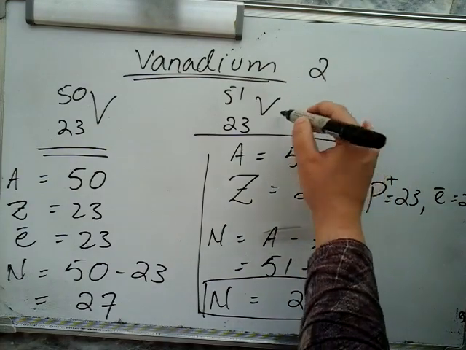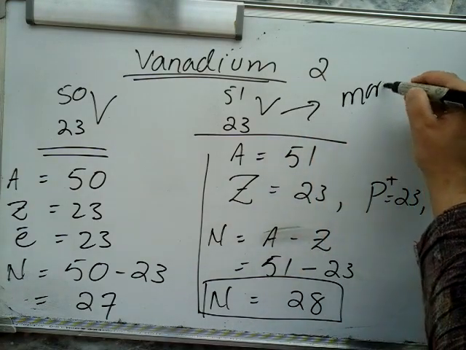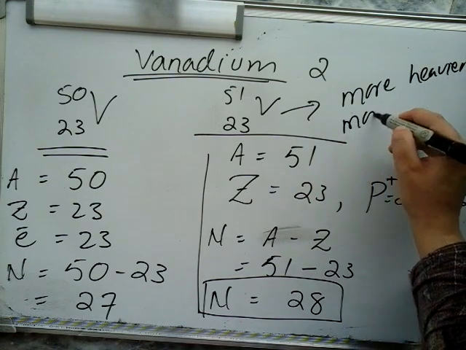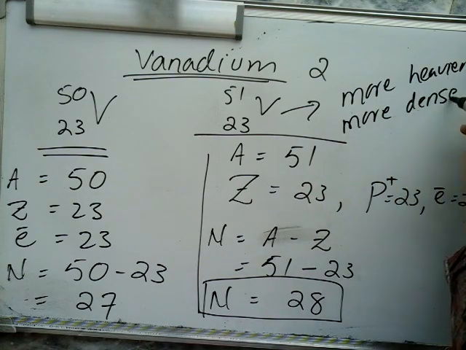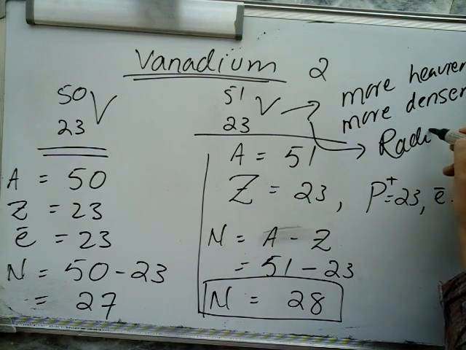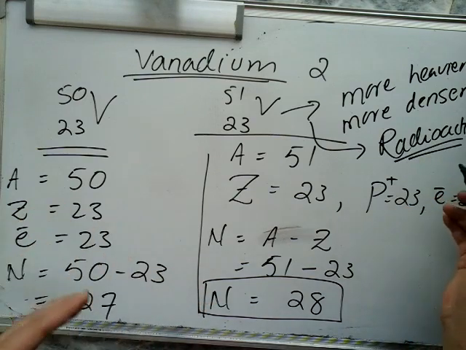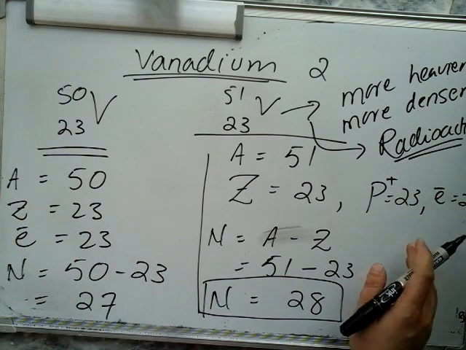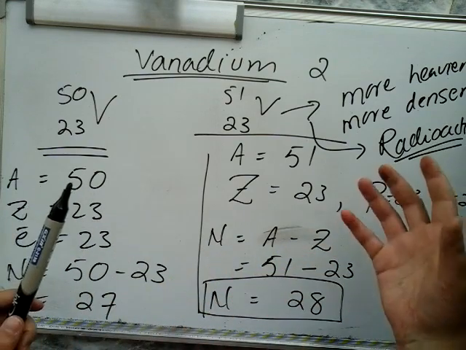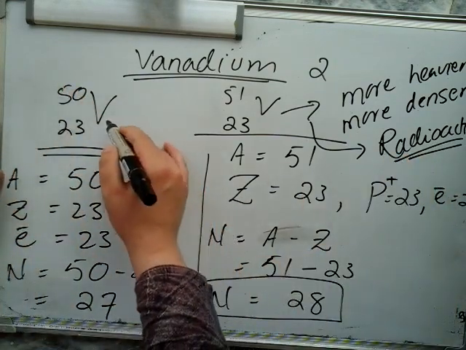We will say that this is heavier, more dense, and it is radioactive as well. So radioactivity is a physical property, a physical property of the atoms. So this one is radioactive, and this one is not radioactive.